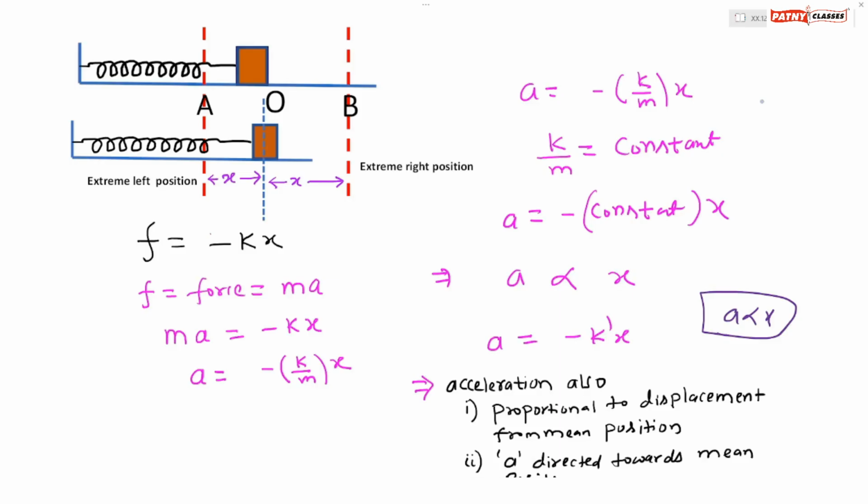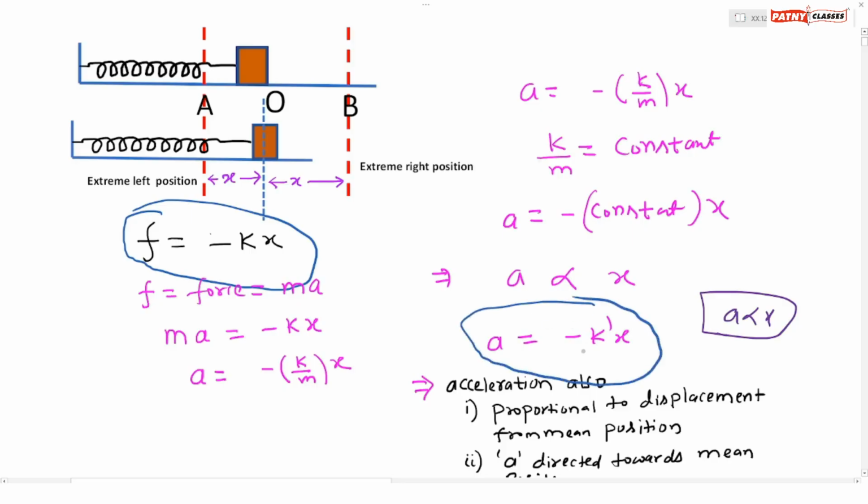In this discussion, we have established three pieces of information. The first, F equals minus kx, the second, a equals minus k dash x, and the third, that the motion of the block is periodic motion. Why is it periodic motion?